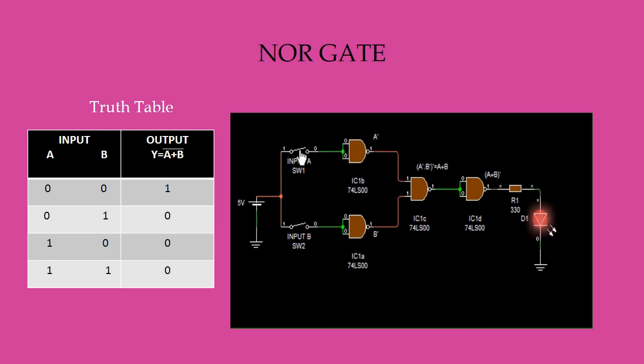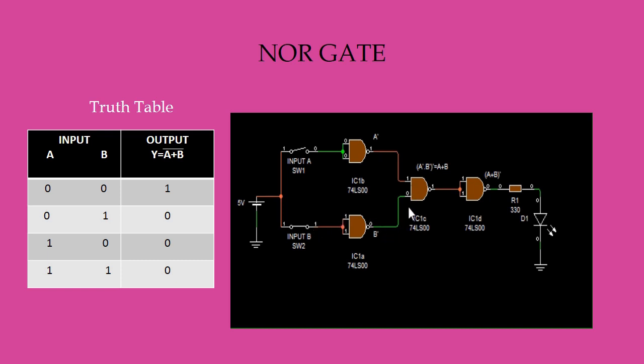Next condition, when input A is 0, that means switch 1 is open and switch 2 is closed, input B is in 1 condition, the 0 1 condition. So in the second condition, this is 0, this is 1, this 0 means this is 1, this is 1 means this is 0.